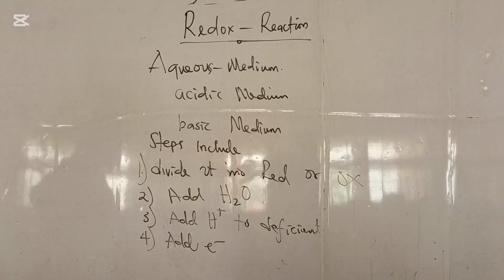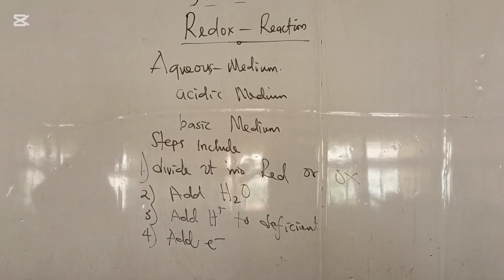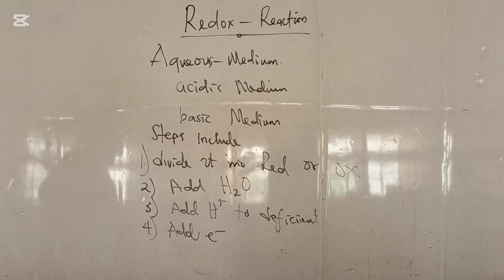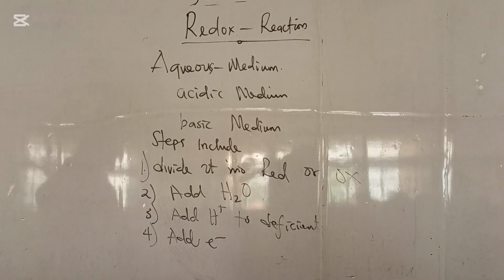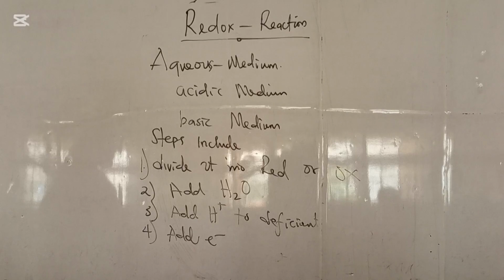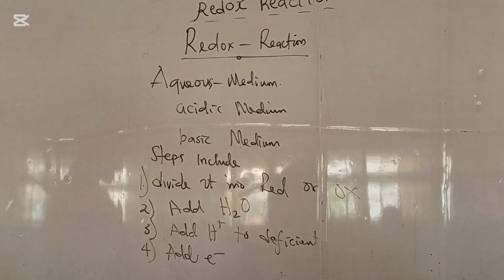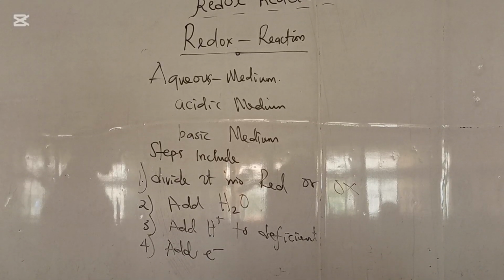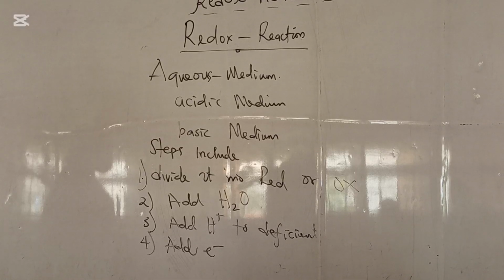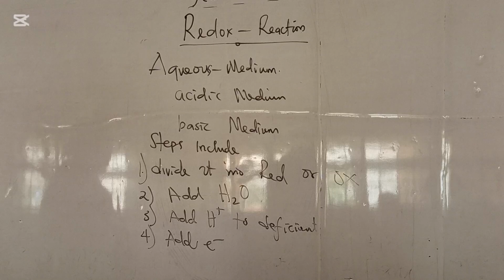And number 4 will be to add both half reaction equations and simplify by cancelling out species that are common to both sides.